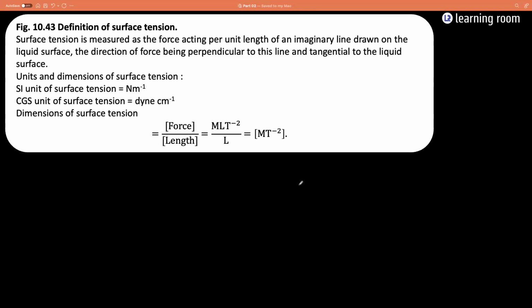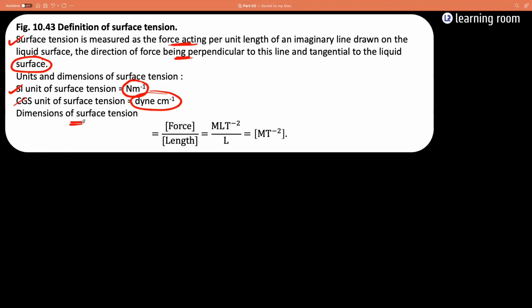Now we will see the definition of surface tension. It is measured as the force acting per unit length on an imaginary line drawn on the liquid surface, the direction of force always being perpendicular to this line and tangential to the liquid surface. Clear? So let's see the units and dimensions of surface tension. The SI unit is Newton per meter, and the CGS unit is dyne per centimeter.